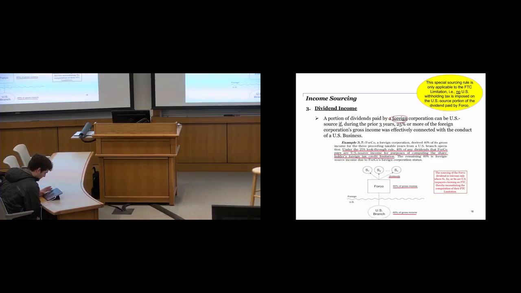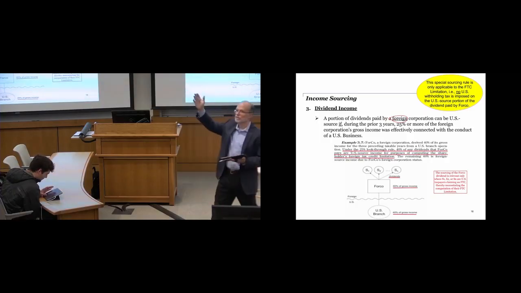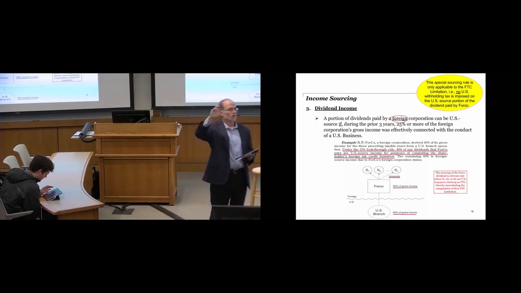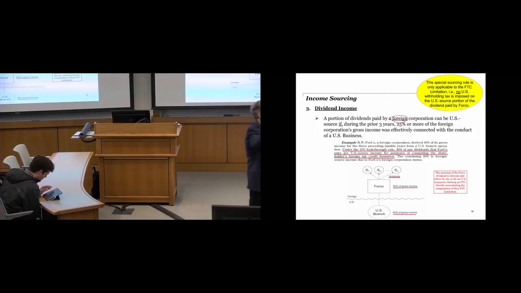So effectively, the business creates a bunch of income, but a large portion of it's U.S. Think of it as when they then forward that after-tax earnings as a dividend, a portion of that dividend carries that U.S. source to it as an exception to the general rule.